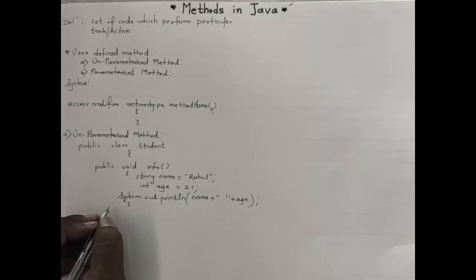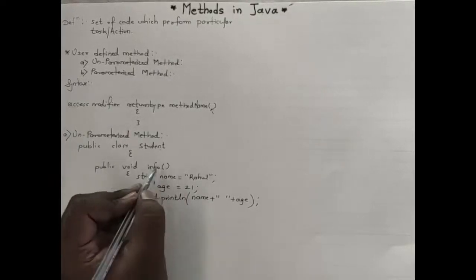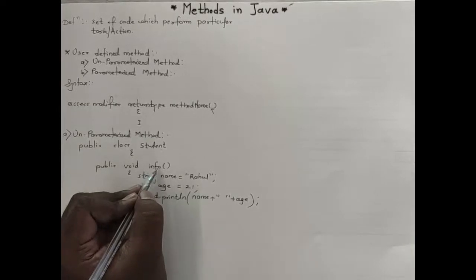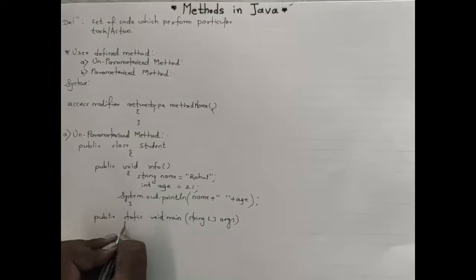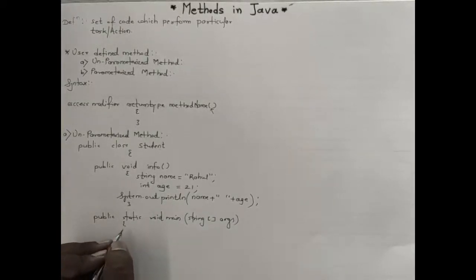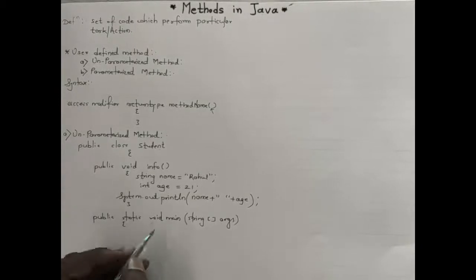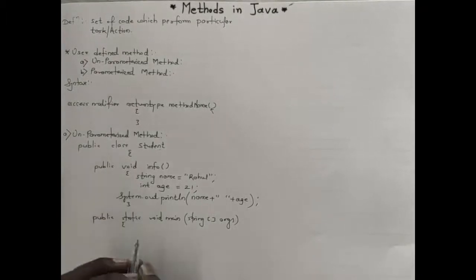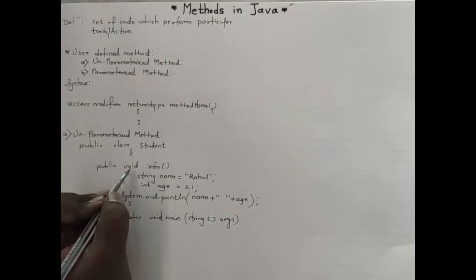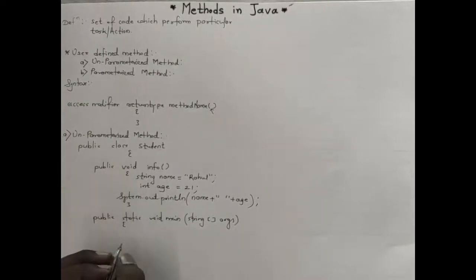Then as we know, we need a main method to call this user defined method. So here I am writing a main method, open curly braces. We know that in order to call a method we need object creation because it is a non-static one. So here I am creating an object for the class Student.